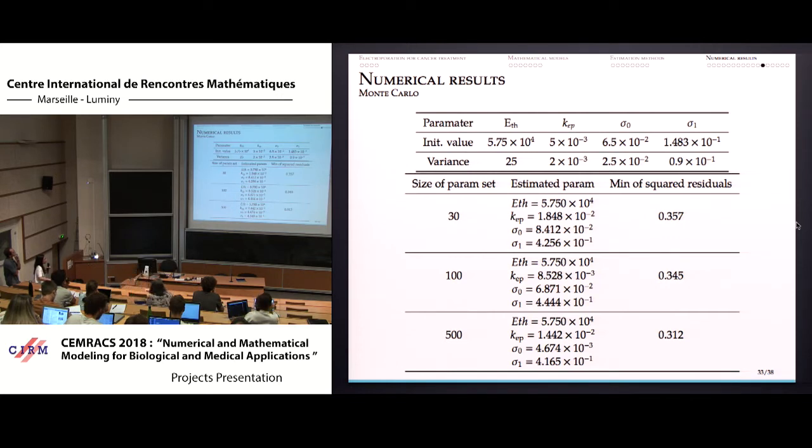We performed this with different sizes of the parameter set. You can see that the bigger the size of the parameter set is, the better the minimum of the sum of squared residuals we get.